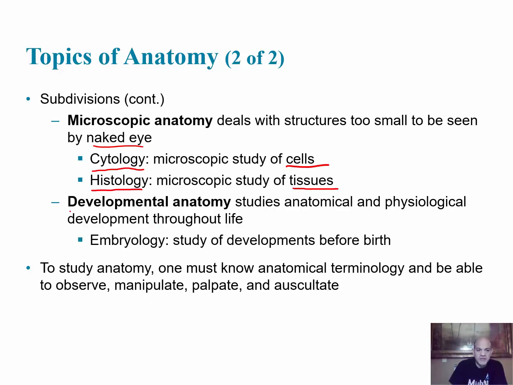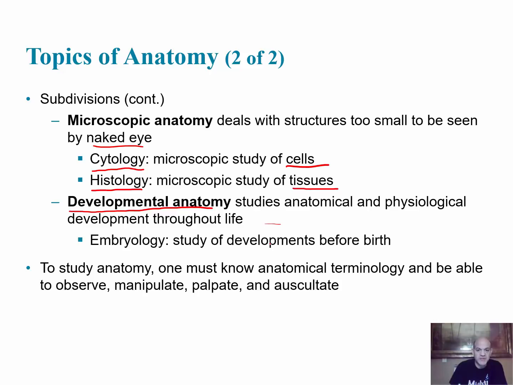And then there's another area of anatomy called developmental anatomy. In this case, you're going to study anatomical and physiological development throughout life. So you would start early on in embryonic development, and then you can go all the way through childhood, adolescence, adult, and senescence, or old age.